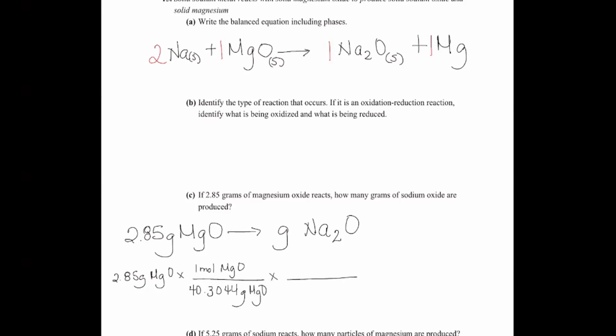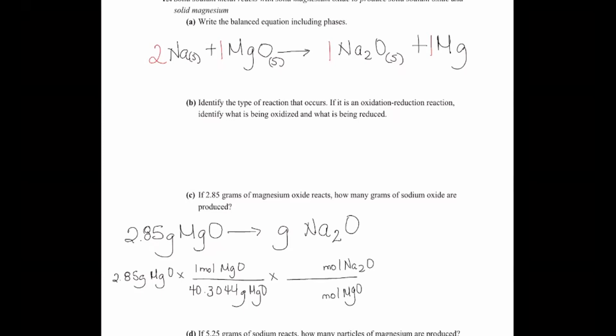Second one, mole to mole factor. What goes on top? Okay, the moles of B, because I need to cancel the moles of MgO diagonally. So in the bottom, I'm going to say mole of MgO. On top, mole of Na2O.